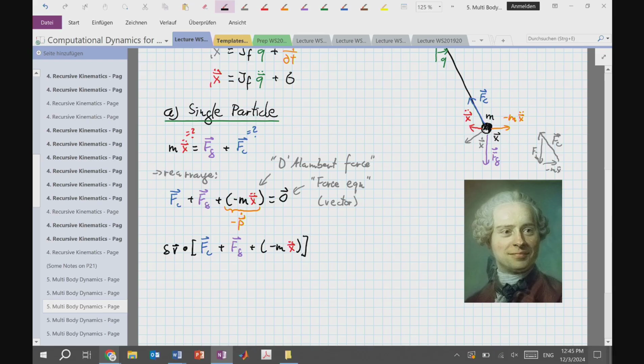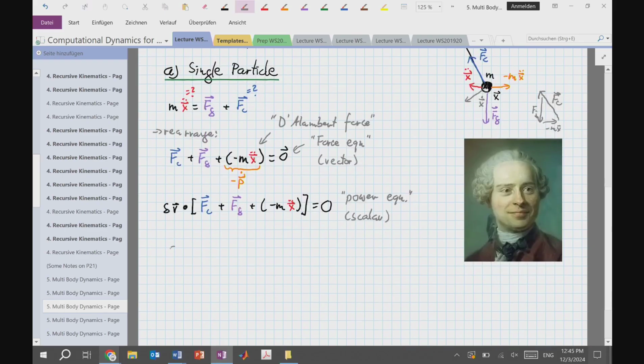And since I have a force of 0 here in the brackets multiplied in the dot product with the velocity, I get 0, and that 0 is a power, right? The product of velocity and force is, of course, power. So I have now a power equation, which is a scalar equation.